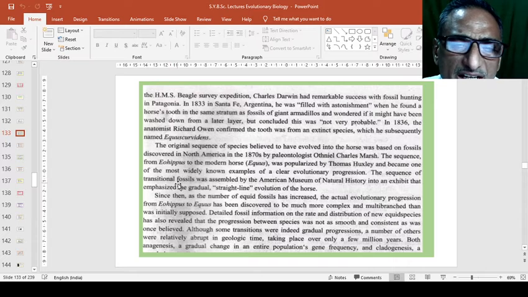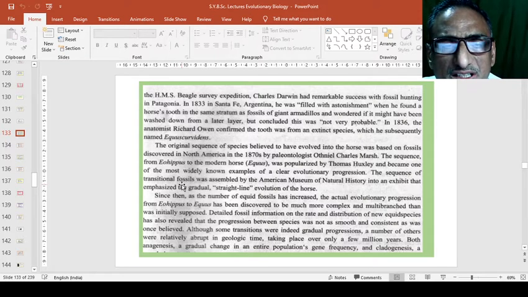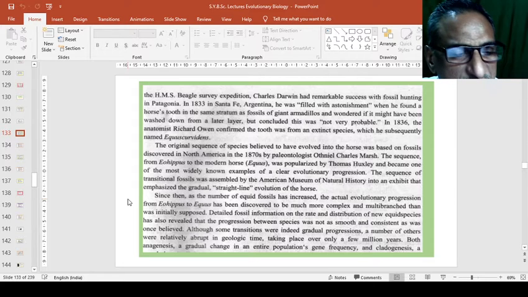The original sequence of species believed to have evolved into the horse was based on fossils discovered in North America in 1817 by the paleontologist Othniel Charles Marsh. The sequence from Eohippus to the modern horse Equus was popularized by Thomas Huxley, and the transitional fossils were assembled by the American Museum of Natural History into an exhibit that emphasized the gradual, straight-line evolution of the horse.